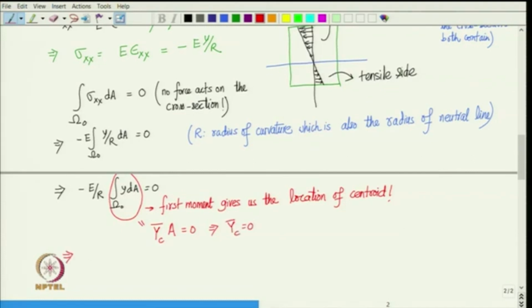Okay, so, what this tells us is that the neutral axis must pass through the centroid of the cross section.